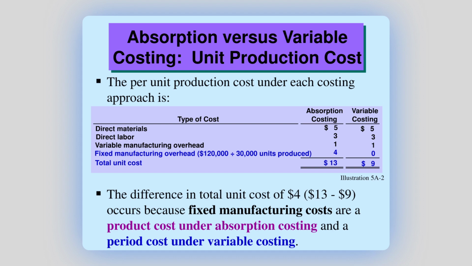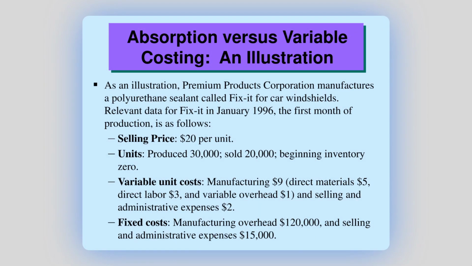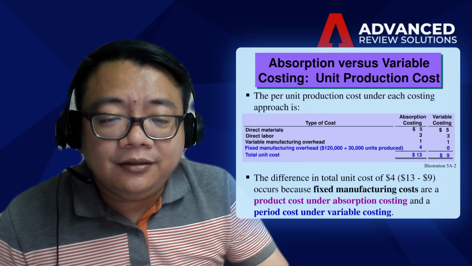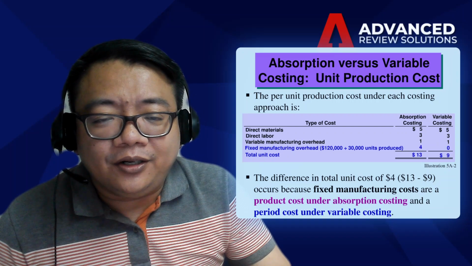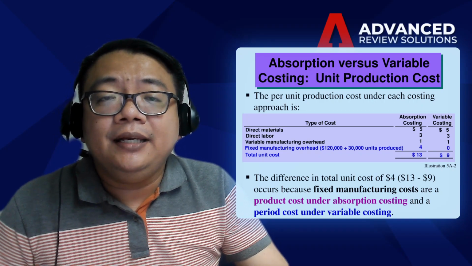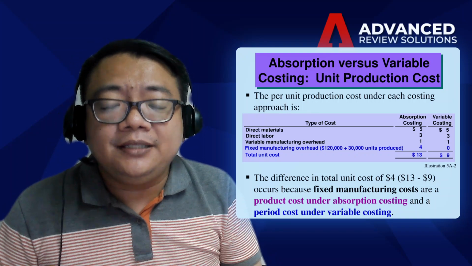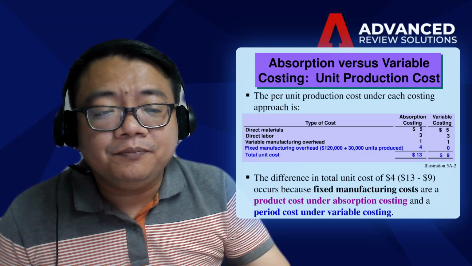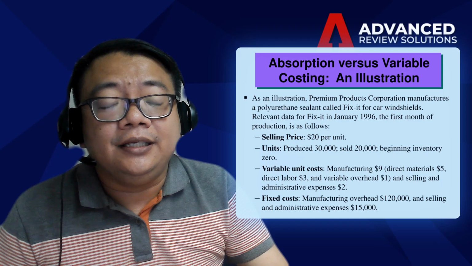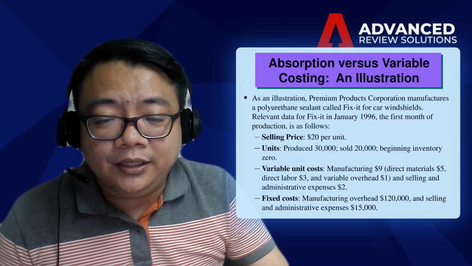But how about your fixed manufacturing overhead? Given here is only 120,000 in total, but we need to compute the per unit. Paano yon, sir? 120,000 is the given and you should divide it by the units produced of 30,000, not the units sold of 20,000.